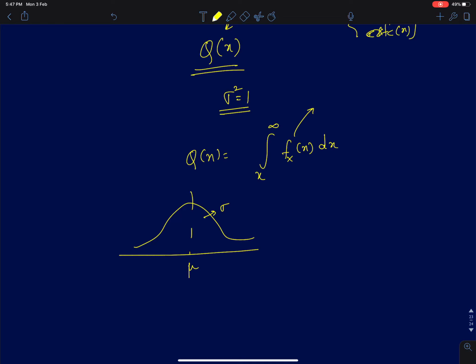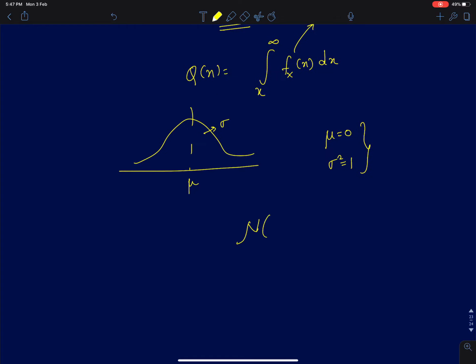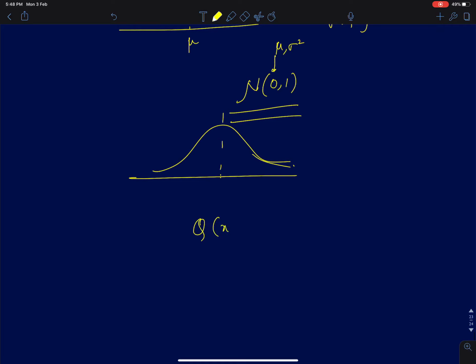If I assume the mean is 0 and the variance is 1, then we call that a normal distribution, written as N of 0 comma 1, where 0 is the mean and 1 is the variance. The Q function is defined for a normal distribution with 0 mean and unit variance, as 1 by root 2 pi, because sigma square is 1, times e power minus x square by 2 dx.